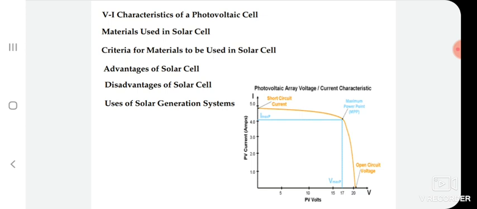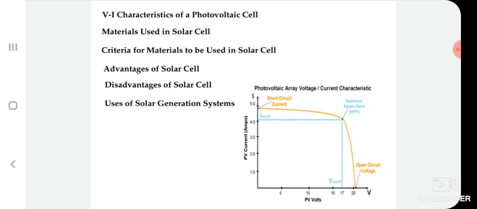Next, there are some advantages and disadvantages of solar cells. The first advantage is that no pollution is associated with it. It lasts for a long time and there is no maintenance cost. These are the advantages of solar cells.